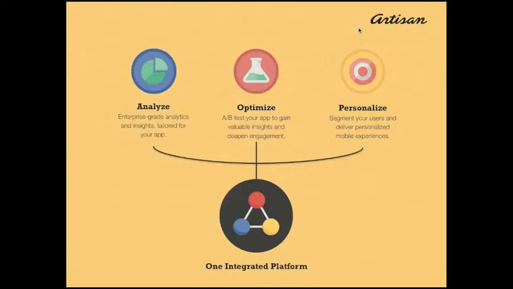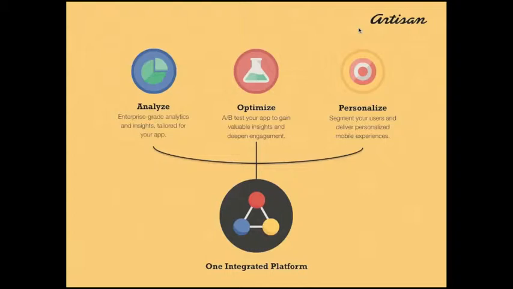And this allows you to compare and contrast the effectiveness of different screen designs in relation to driving, for example, conversion rates or time in app. And the third product is what we refer to as Personalized. And this is the capability that allows you to create and deliver unique user experiences based upon a certain segment.